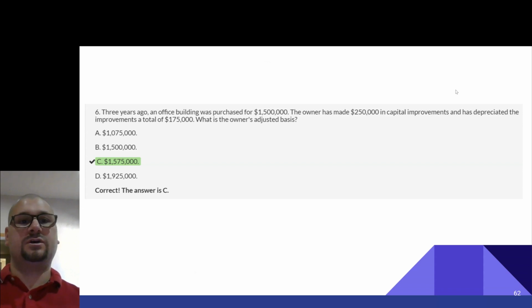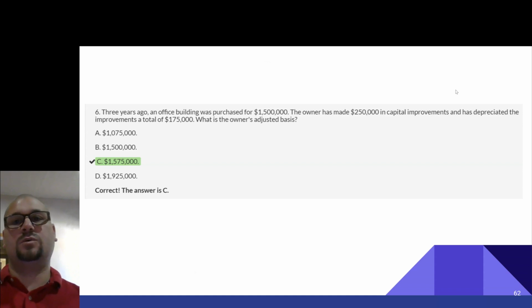All right, so 3 years ago, an office building was purchased for 1.5 million. The owner has made $250,000 in capital improvements and has depreciated the improvements a total of 175,000. What is the owner's adjusted basis?